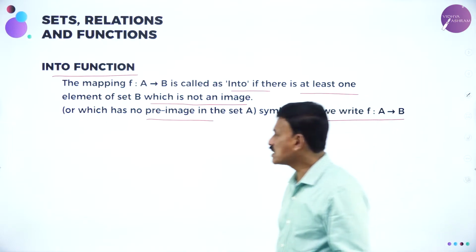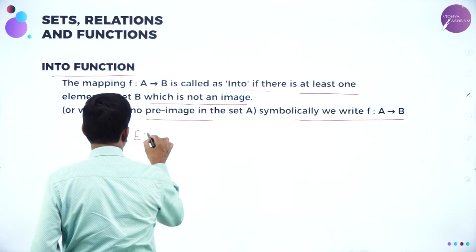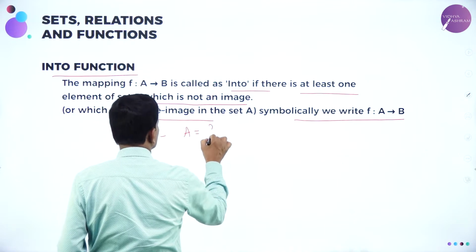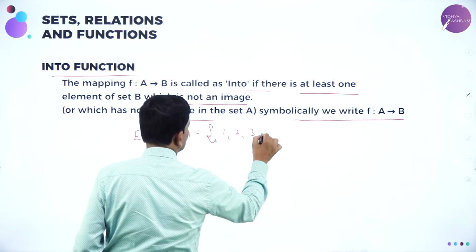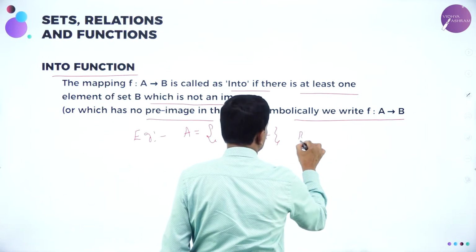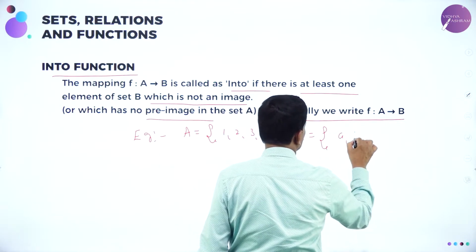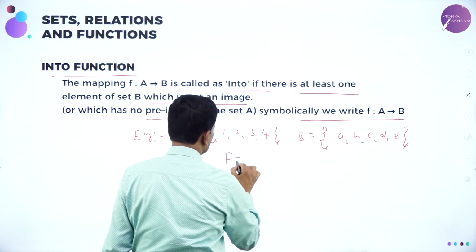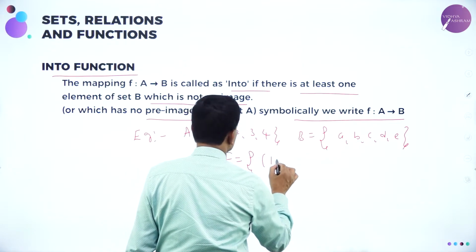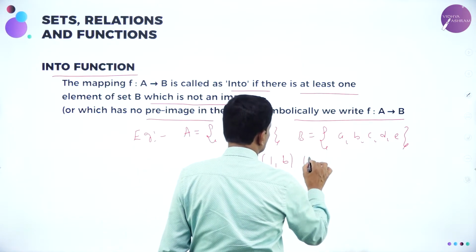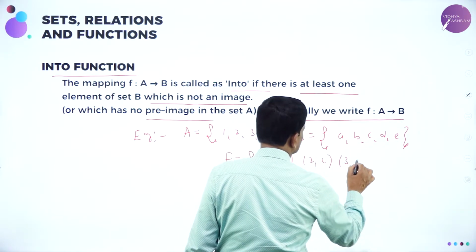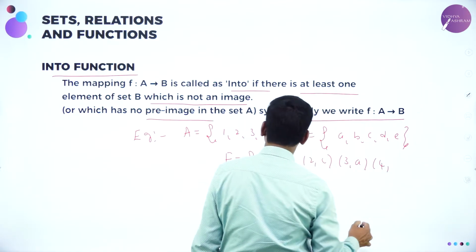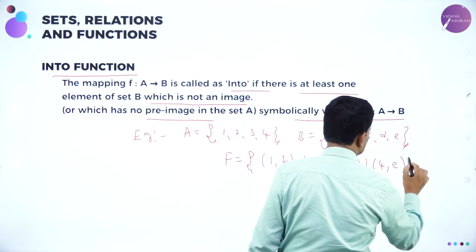Now let us take an example. If A is equal to 1, 2, 3, 4, another set B is equal to A, B, C, D and E. A map function is given: f is equal to {(1, B), (2, C), (3, A), (4, E)}.